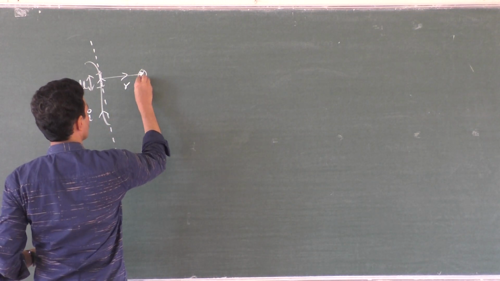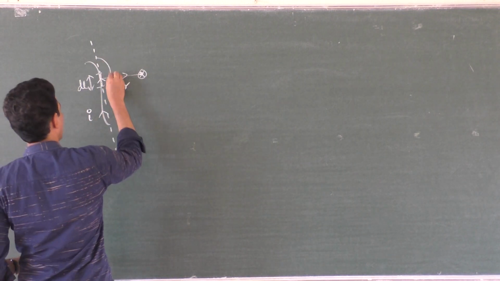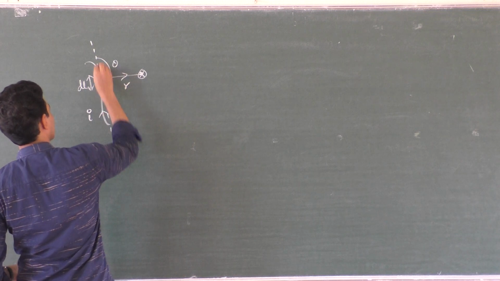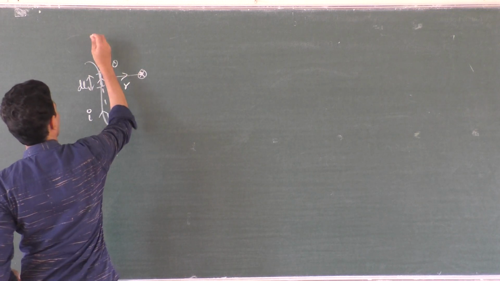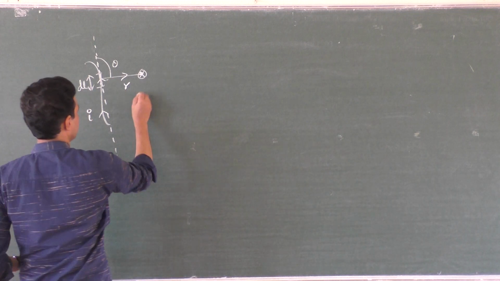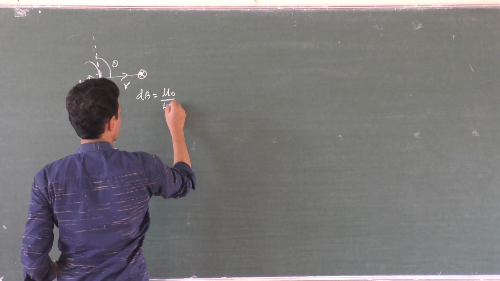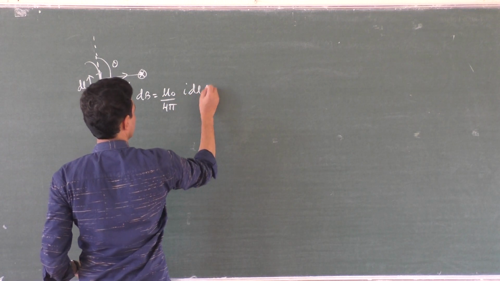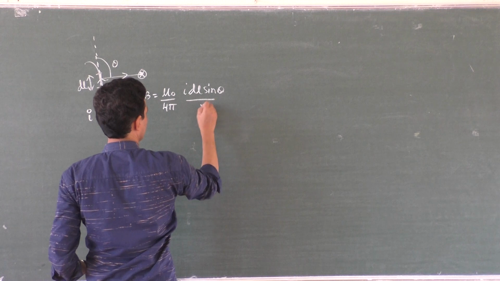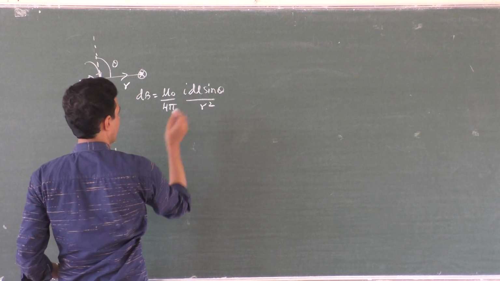You know how to show the magnetic field into the board like this, and let theta be the angle made by the length of this conductor with this position vector. Then the magnetic field dB is equal to mu naught by 4 pi, I dl sin theta by r squared. But in mathematical form, actually this is dl cross r.